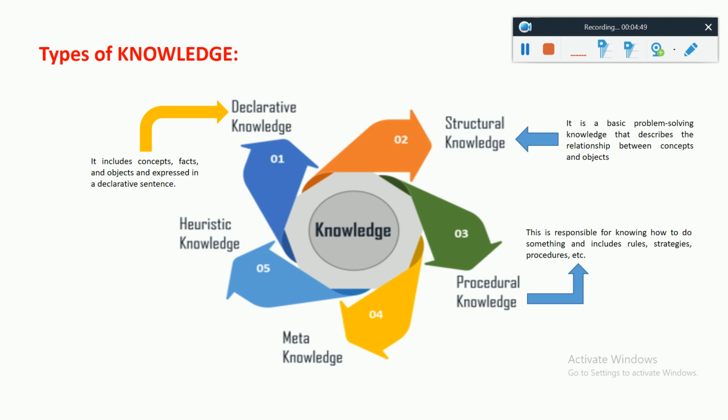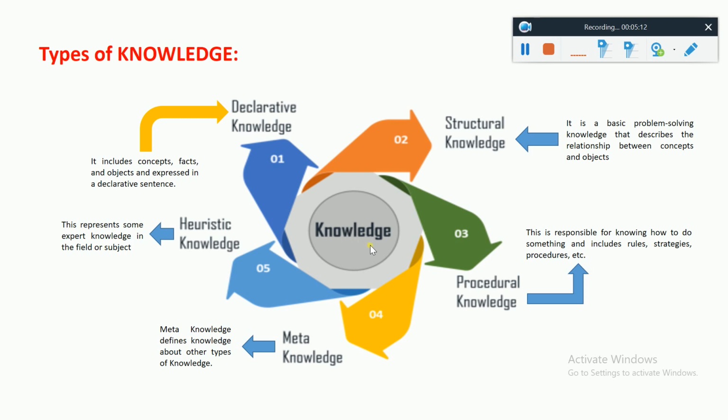Heuristic knowledge is basically a rule of thumb based on previous experiences and awareness of approaches, and maybe it could be good or bad, but it is not always guaranteed. So these are the 5 types of knowledge which we have.